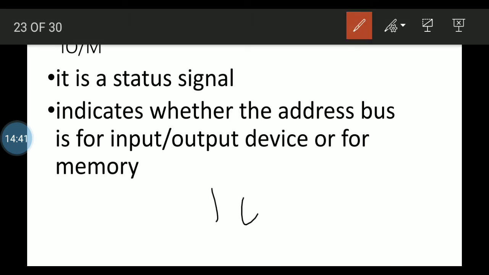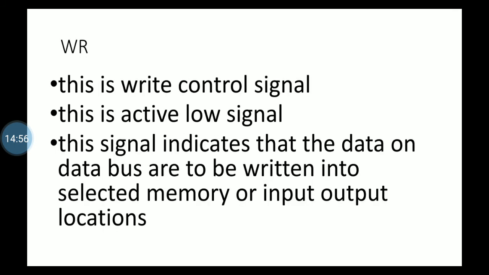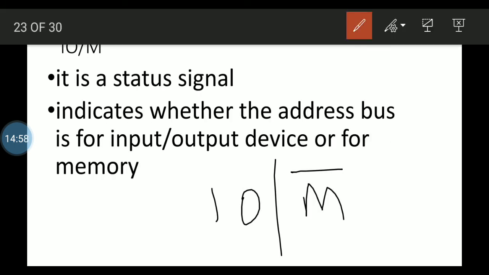IO means input output, M means memory. Here also you have to remember this. We have one bar sign on memory, which indicates that M is an active low signal, while IO works as an active high signal.